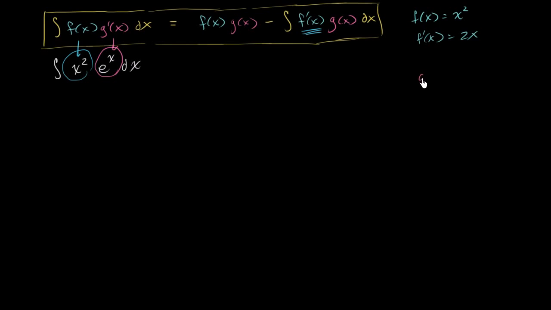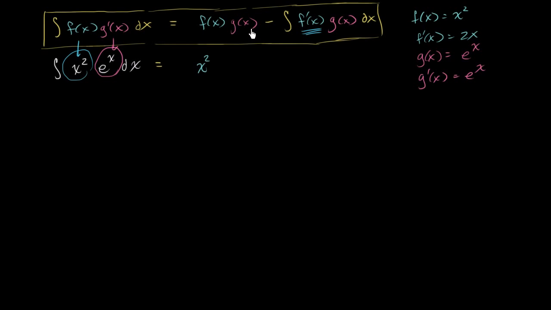And then g prime of x is equal to e to the x, which means its antiderivative, g of x, is still equal to e to the x. And now we're ready to apply the right-hand side right over here. So all this thing right over here is going to be equal to f of x, which is x squared. And let me put it right underneath.